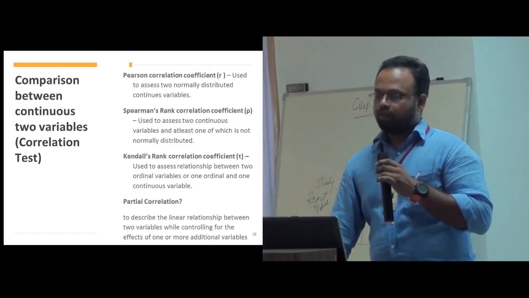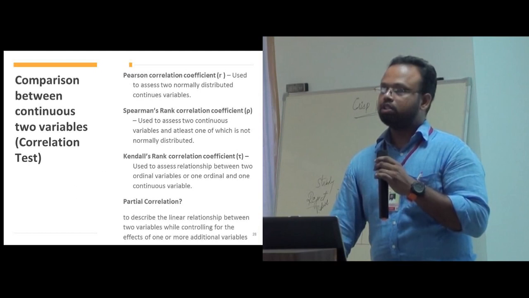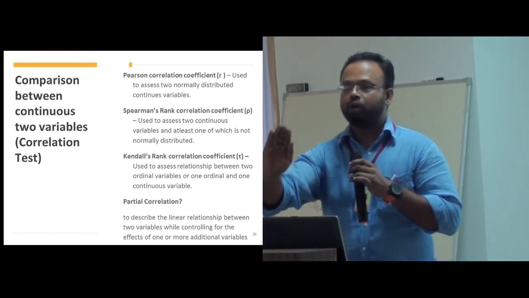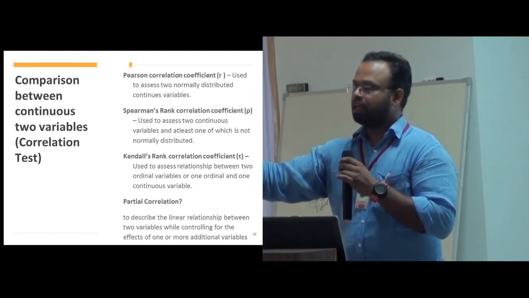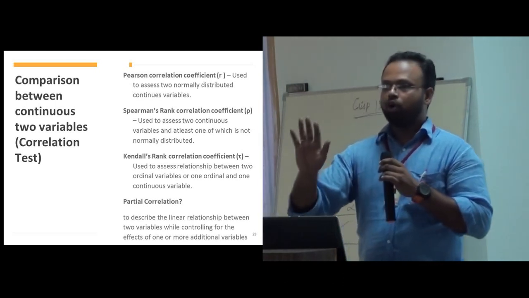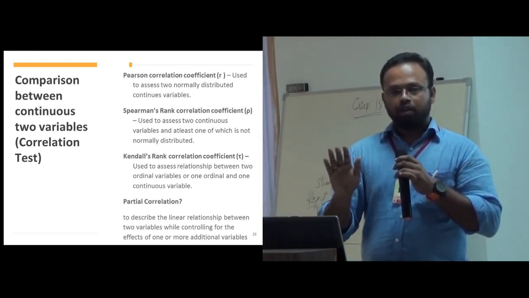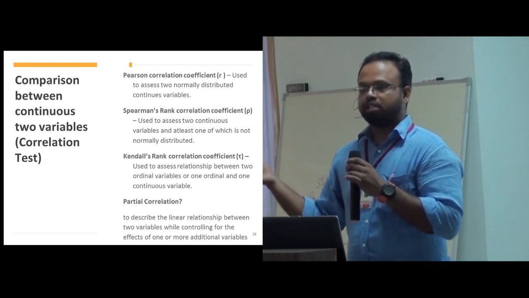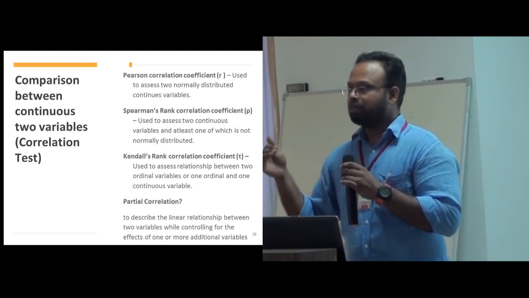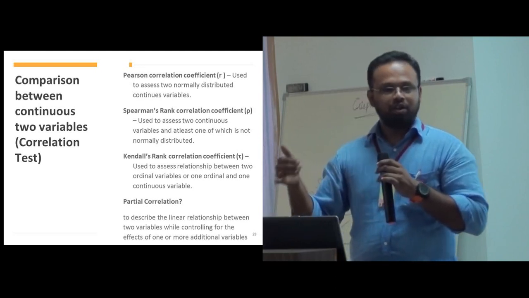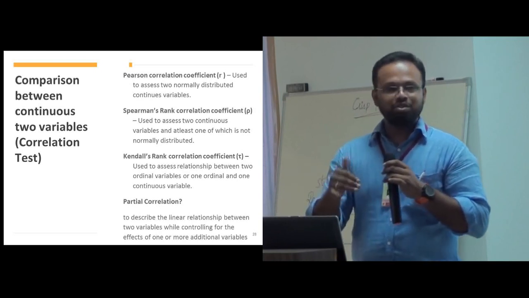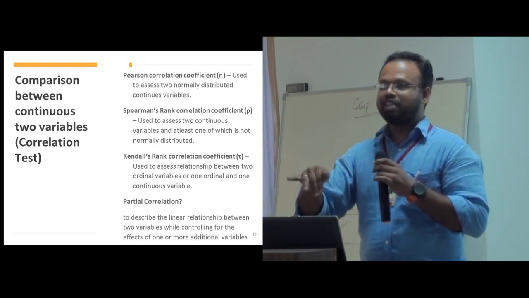Now, when we are comparing two continuous variables, we use a test called correlation test, for example BP and age. If you want to compare between BP and age, then you should use correlation. Yesterday Partha sir was telling, do a correlation study. Saying a correlation study is wrong, because correlation is a statistical test; unless we use a correlation test, you cannot say correlation study.